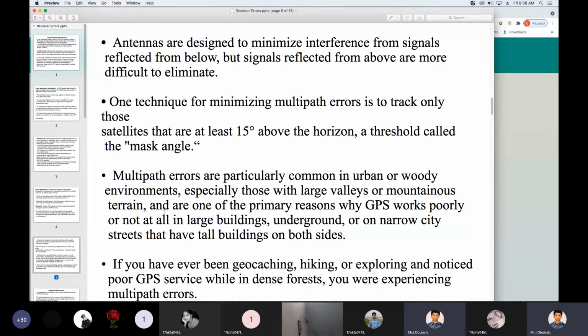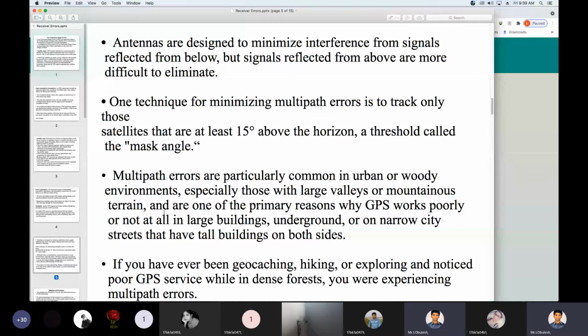Below, there is no problem eliminating reflected signals, but above, we are not able to eliminate the reflected data, so it is more difficult.